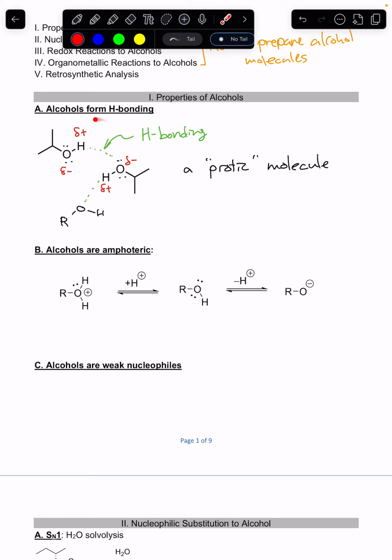If you look at alcohol liquid, in this case isopropanol, a proton can be on one oxygen at a given moment, but because the hydrogen bonding is strong, it could hop over to another oxygen. So the proton-oxygen bond is not very permanent. It's always moving around, and that's another way of thinking about this as a protic molecule.